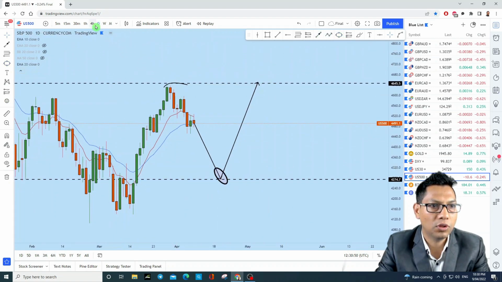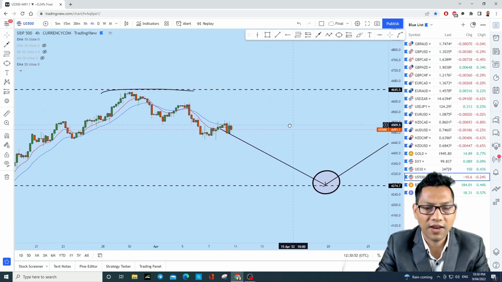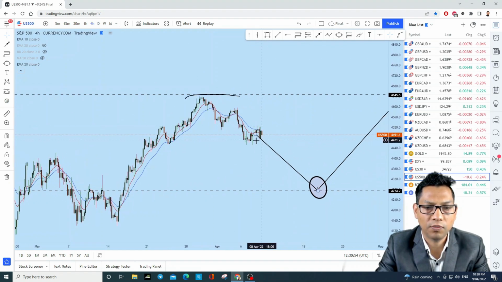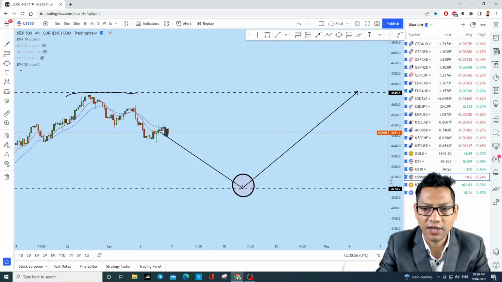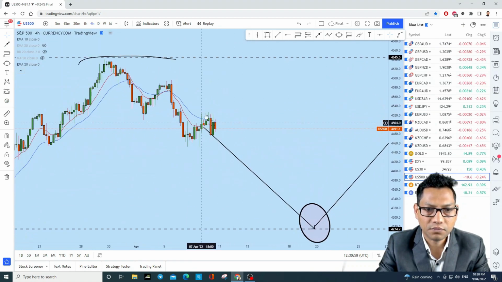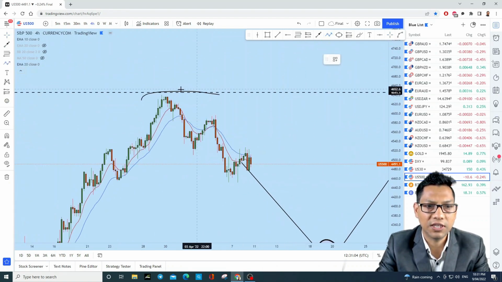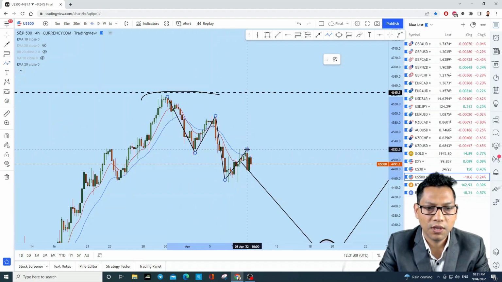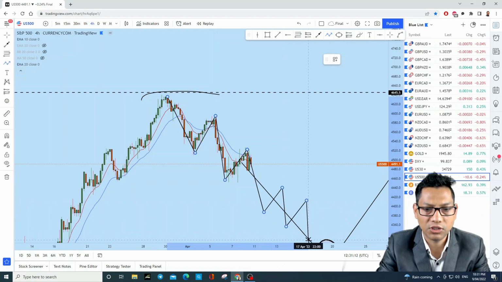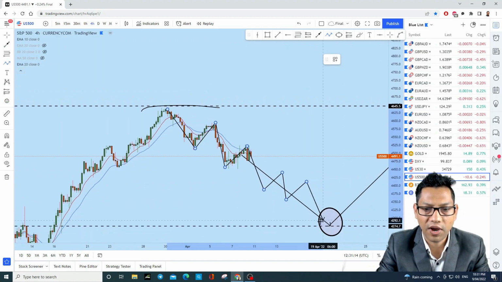But if we go to the 4 hour time frame, we might find a shorting opportunity from this zone. If it creates price action here for selling, which is likely, you see this is the market structure for a bearish move. Every time the price is creating a series of lower highs and lower lows, and in this way I think US 500 will come back to this level and start to move up, something like that.